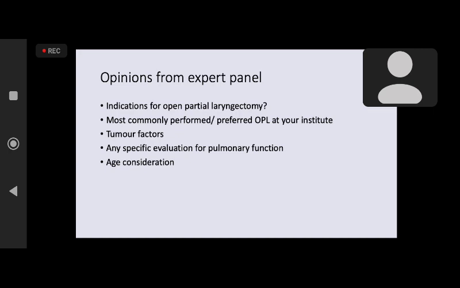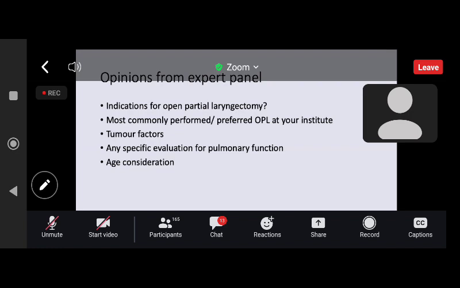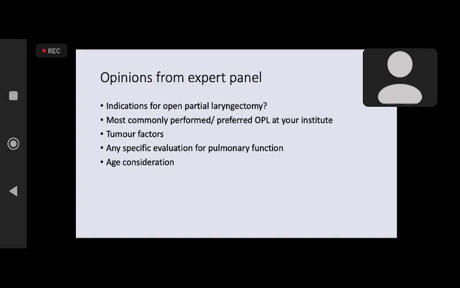And even the laryngectomy-free survival drops down to around 20% in these salvage cases. So we are not yet preferring laser for salvage cases very much because of this poor result, and we tend to go for open partial laryngectomy exclusively for salvage cases. So that is one point which we follow here. Maybe the result in other centers may be a bit different.